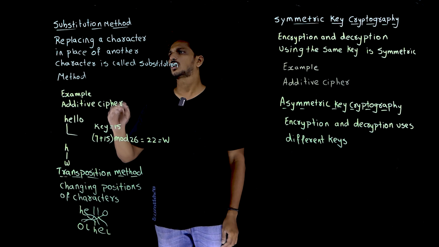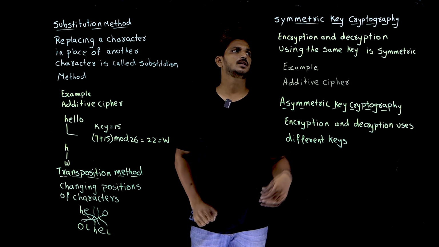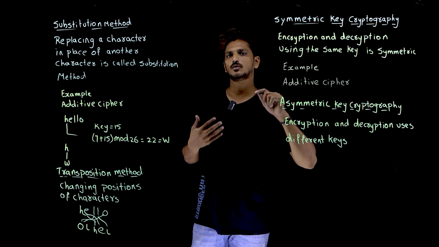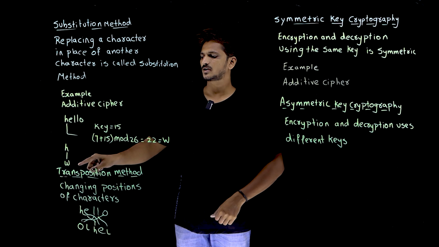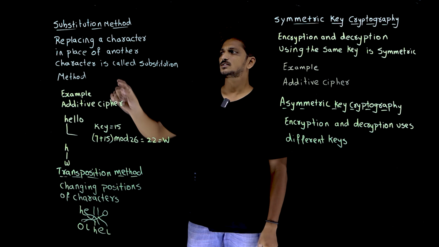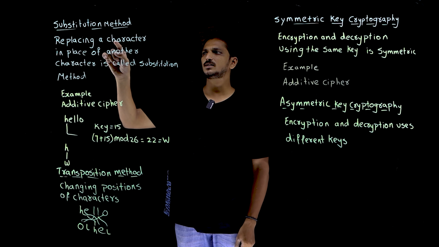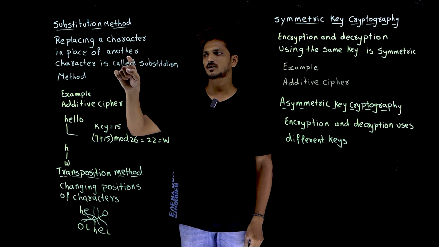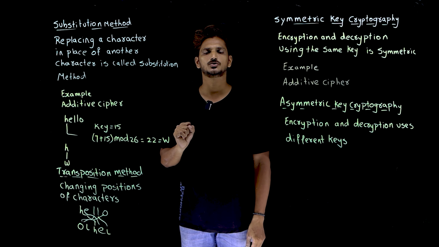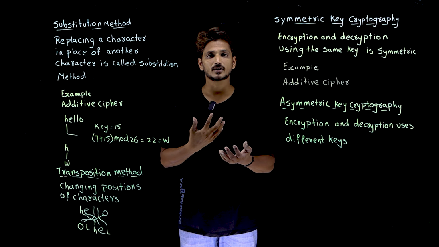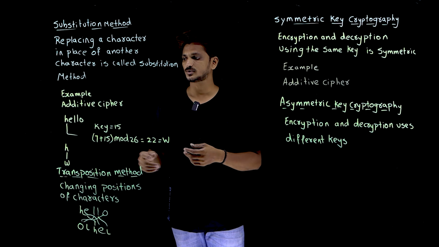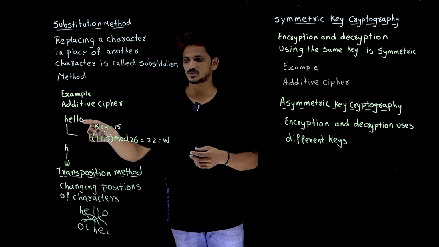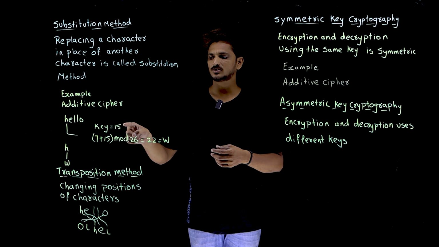Not only that, coming to the substitution method, in cryptography techniques we have two types of methods: substitution method and transposition method. Substitution method means replacing a character in place of another character. Additive cipher comes under the substitution method. What we have done in the additive cipher: if you take the plain text HELLO, we consider key equal to 15.